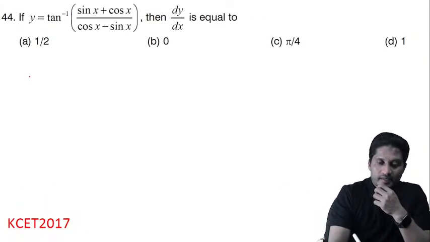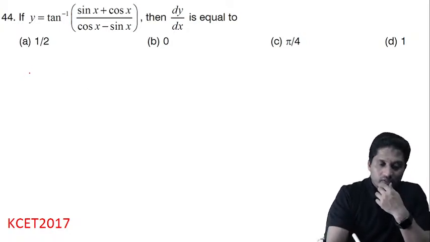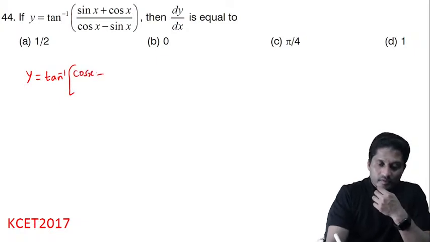All right, now listen. I'm supposed to differentiate this. Don't use the direct chain rule. I can write this as y is equal to tan inverse of (cos x plus sin x) divided by (cos x minus sin x).